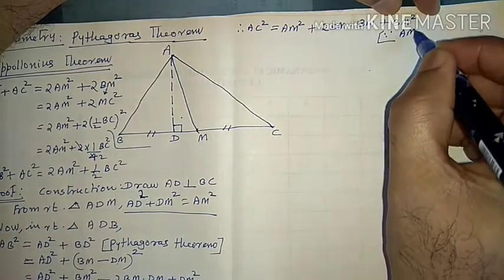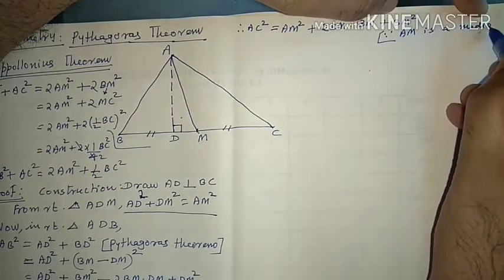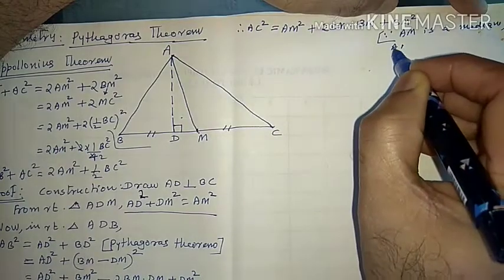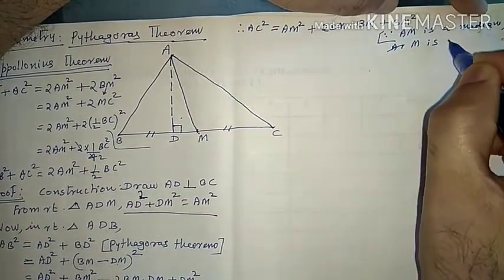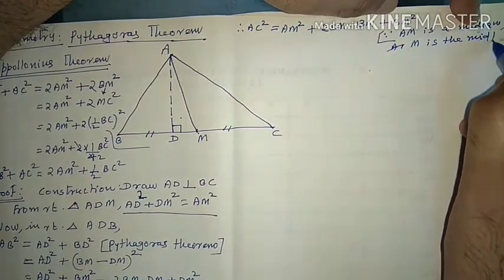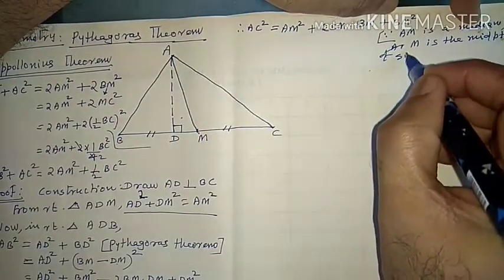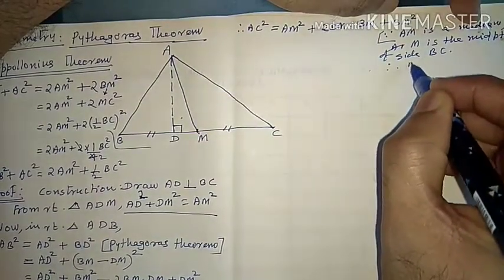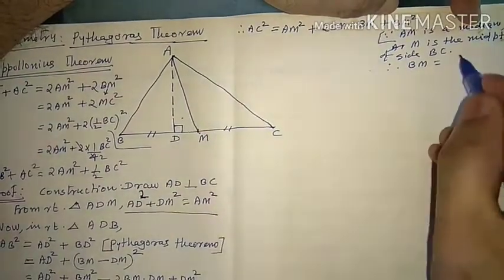Since M is a median, BM is equal to MC. M is a median means what? M is the midpoint of side BC. Therefore, what happens? BM equal to MC.